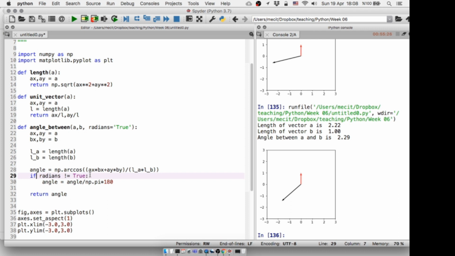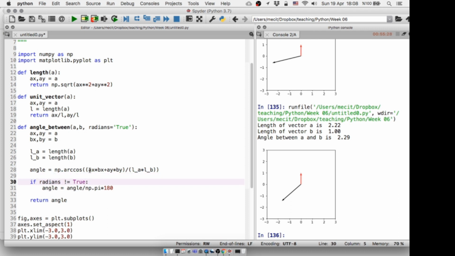I think this way of defining it is not really intuitive, so I should do degrees, and by default it is false. If degrees is true, then the angle is converted this way.